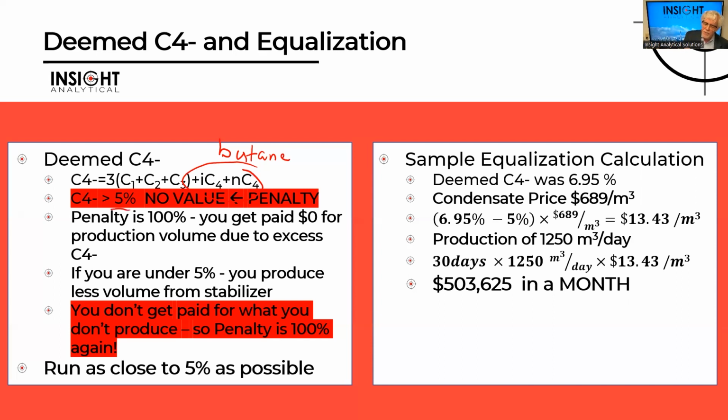If it's greater than 5%, anything greater than 5%, you get 0 value for it. So if you're at 6%, they would say, hey, you ship me 100 barrels, I'm going to pay you for 99 of them. But that 100th barrel, that one at the end, I'm not going to pay you anything for that.